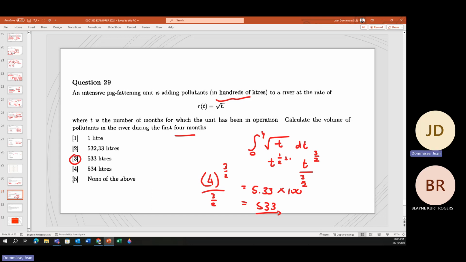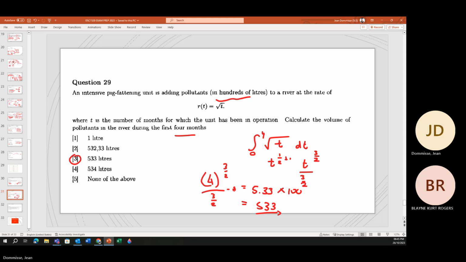Again, we should still have said minus 0, but 0 to that power will be 0, so we will actually just minus by 0. So the lower limit does not feature, because the 0 will just fall away.